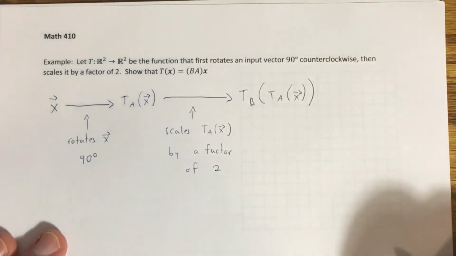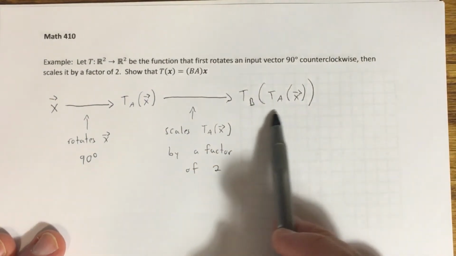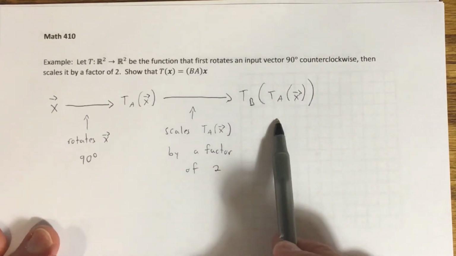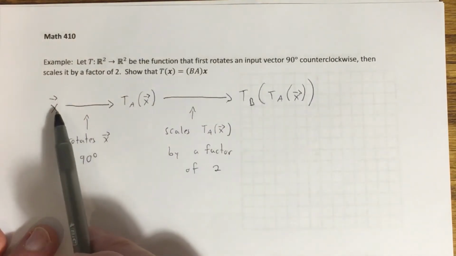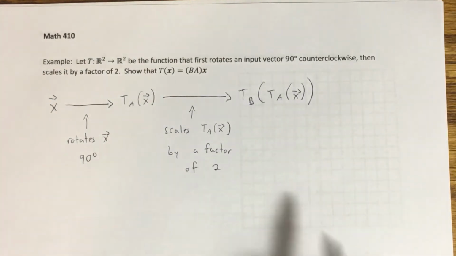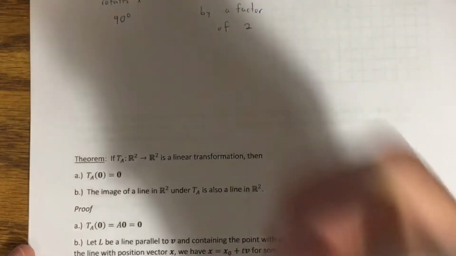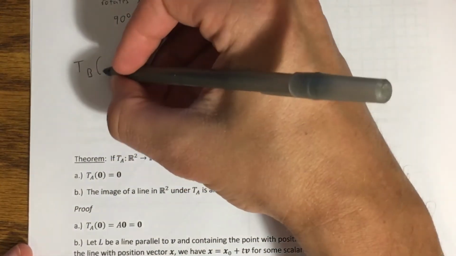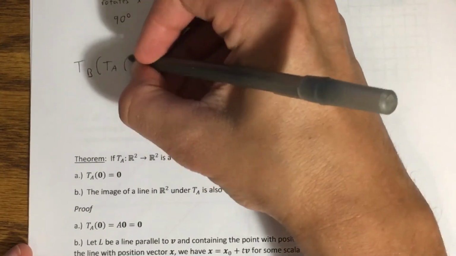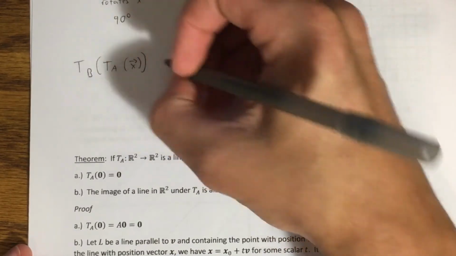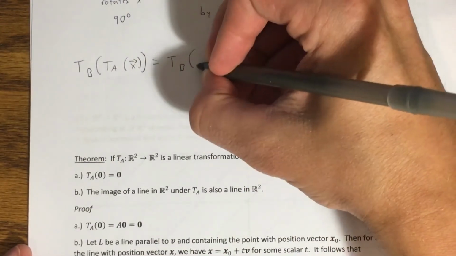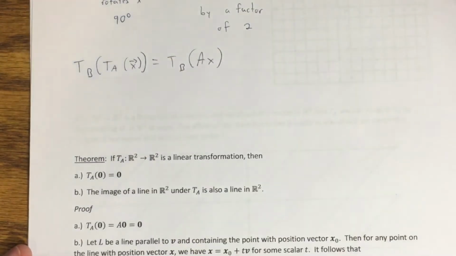Okay, so whatever the image of this composition of functions is, represents what we would get by first rotating x by 90 degrees and then scaling it by a factor of 2. But let's think about what this would look like. If I have the linear transformation T_B of T_A of x, by definition, T_A of x is just A times x, right?